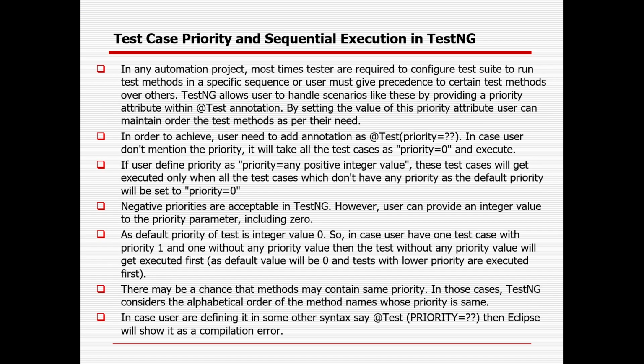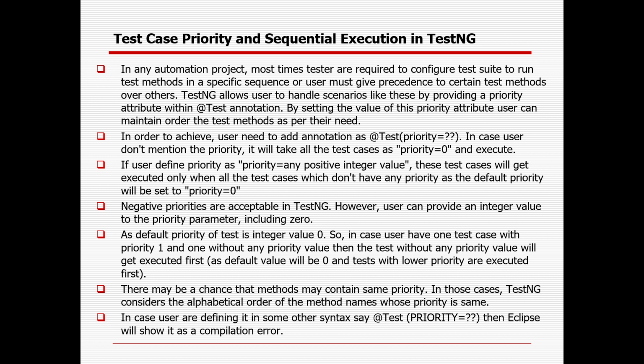Then the prioritization part, right? Normally when you execute, it will take the alphabetical order. But I want to execute in some order. Why do I require prioritization? Suppose you have 5 test methods: one for login, one for logout, one for adding the product to the cart, one for making the payment, one for returning.